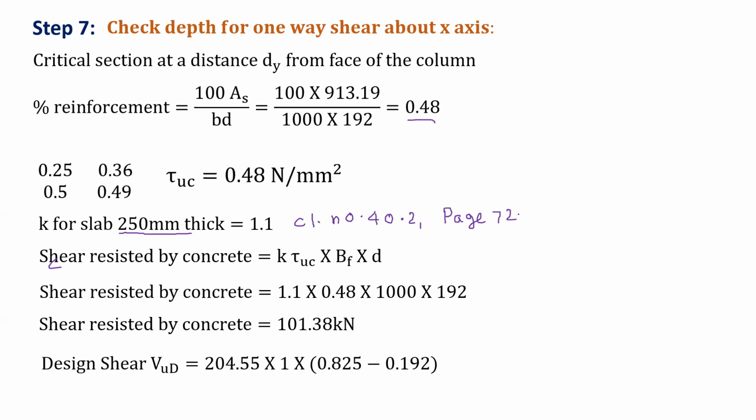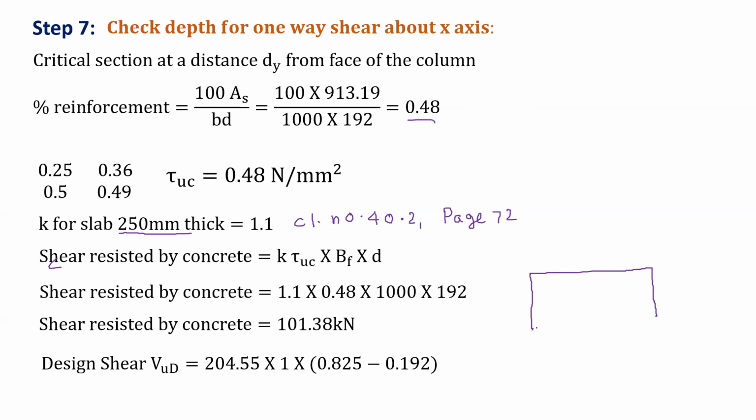Now we have design shear, which is 204.55 into 1 meter, that is width, and then 0.825 minus 0.192. Now how does this come?